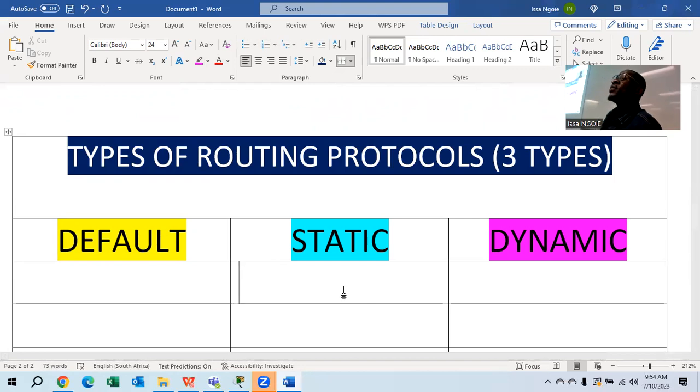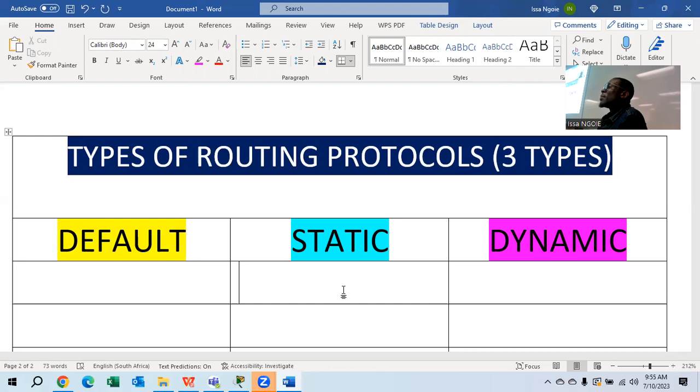So in another way, you can say it like this. There are three ways that I can connect my routers or my networks. I can use the default path or default routes, or I can use the static path or static route, or I can use the dynamic route. So we are like here, we want to go to town. There are three ways of going to town.